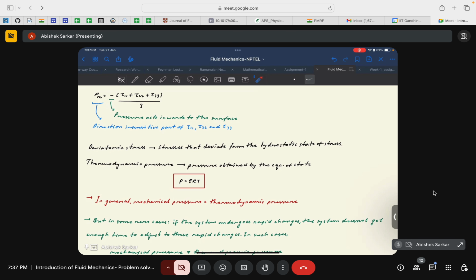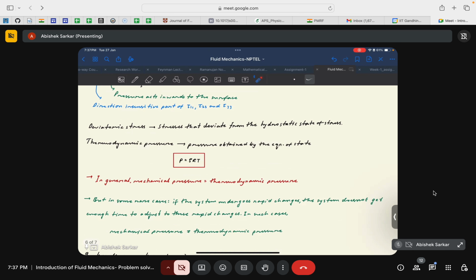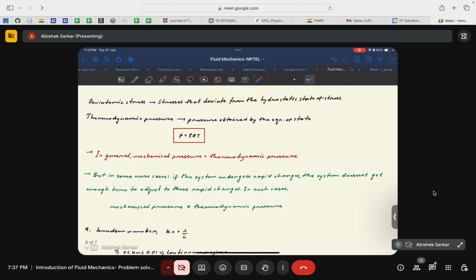But there are some rare scenarios, as mentioned by Prof. Chakraborty, where the system under consideration undergoes very rapid changes, very rapid fluctuations.